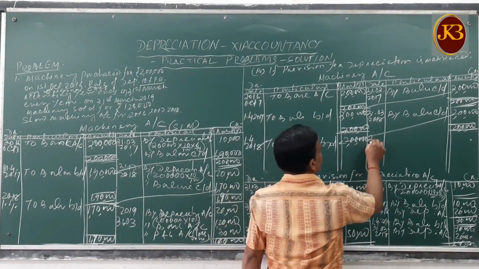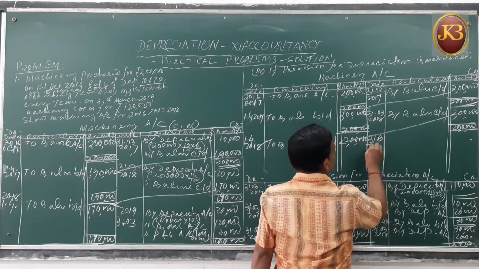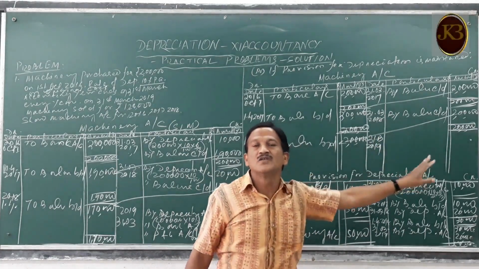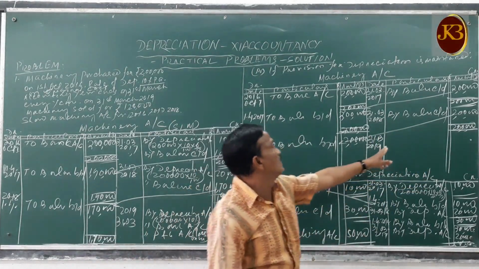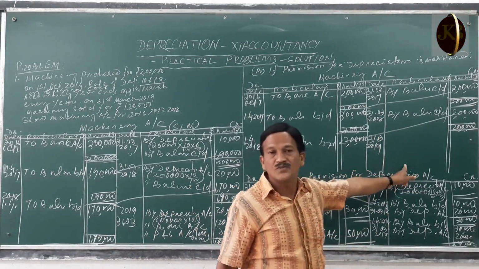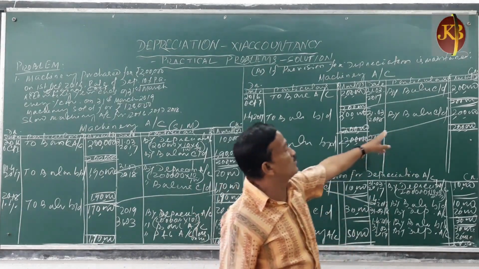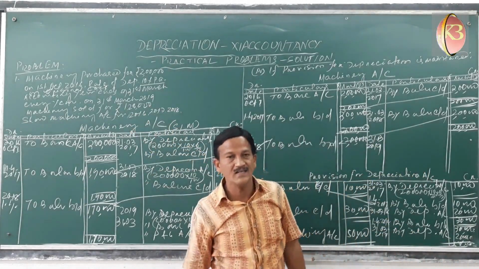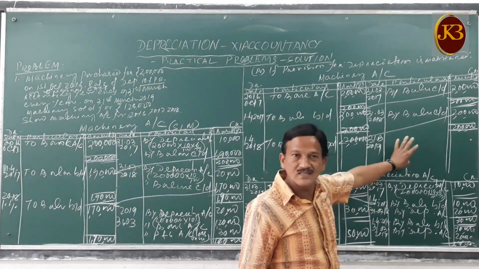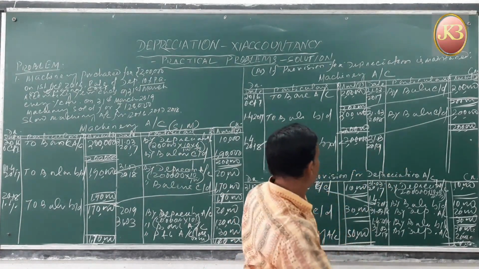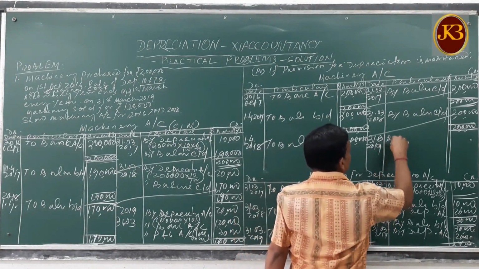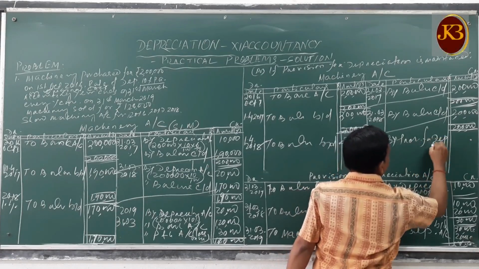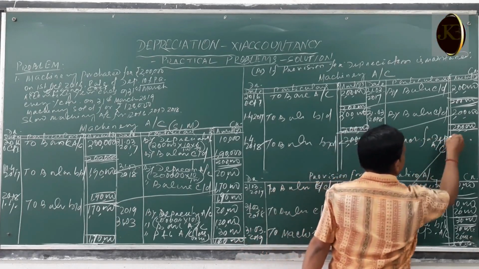Again 31st March 2019. This is the crucial date on which all the transactions are recorded, because here depreciation is transferred from the provision for depreciation to the machinery account, and the machinery is sold. All the entries are done here. This is the most important record. First, by provision for depreciation account, 50,000 is transferred here.